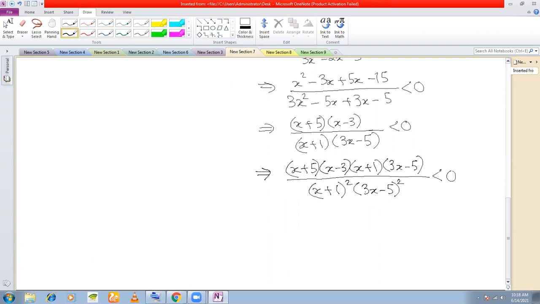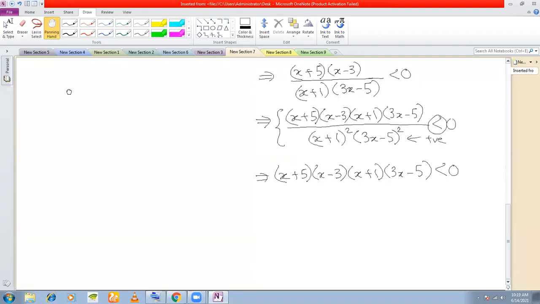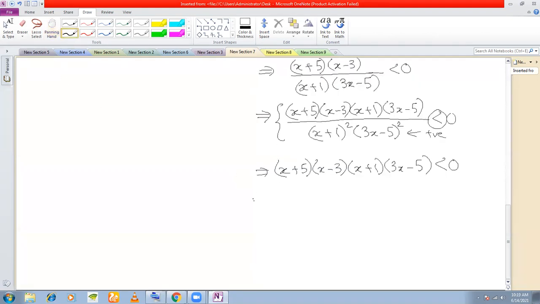Now this part is clearly positive always, for whatever value of x you take. And if this entire fraction is negative, that means the numerator must be negative. That means x plus 5 into x minus 3 into x plus 1 into 3x minus 5 must be less than 0. Now we apply the method of intervals.